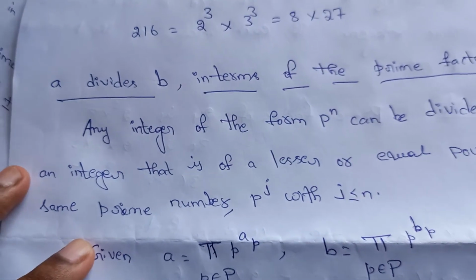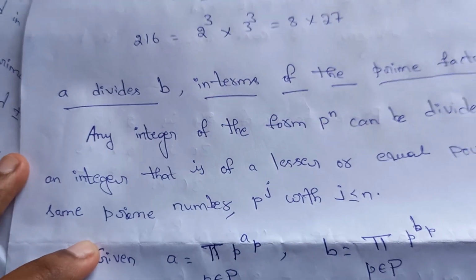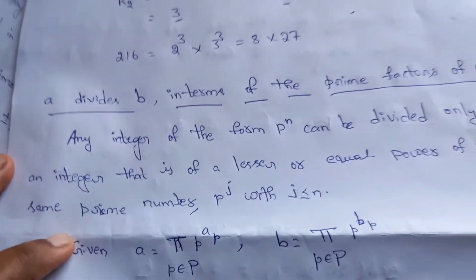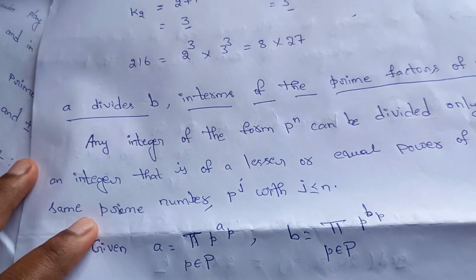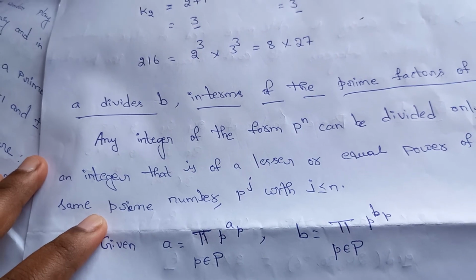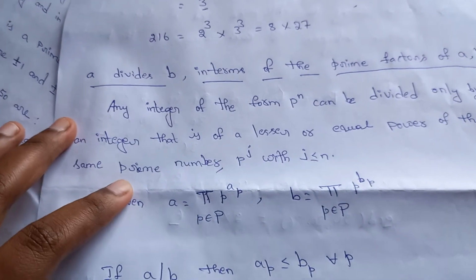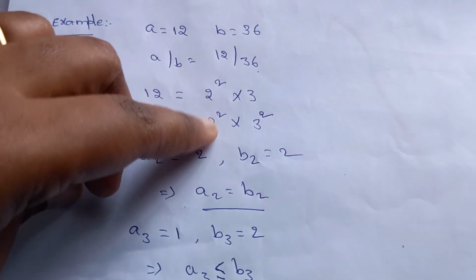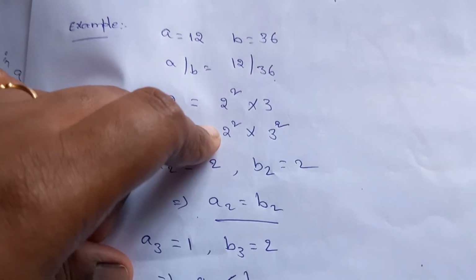So when you are dividing, the power must be less than or equal for the same prime number. Any integer of the form p power n can be divided only by an integer of less than or equal power of the same prime number. Here the same prime numbers 2 and 3 appear in both.